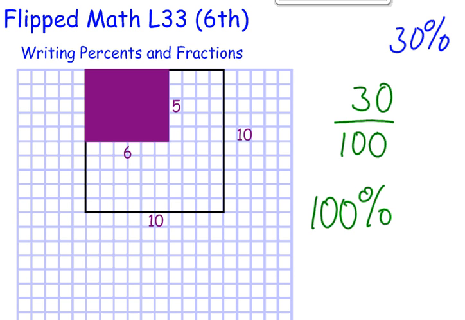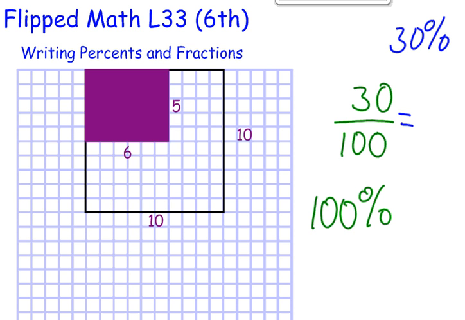And so we can see a very quick relationship between a fraction that has a denominator of 100 and its percentage. So 30% and 30 over 100 are the same idea.